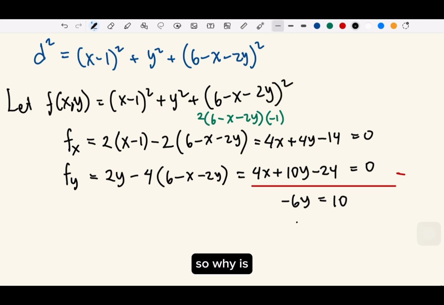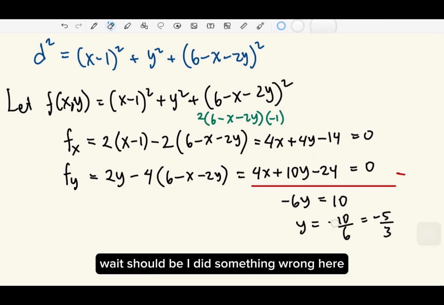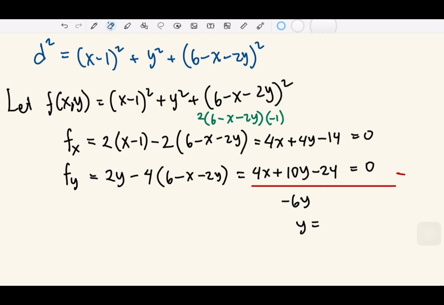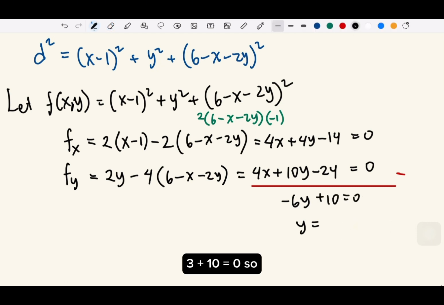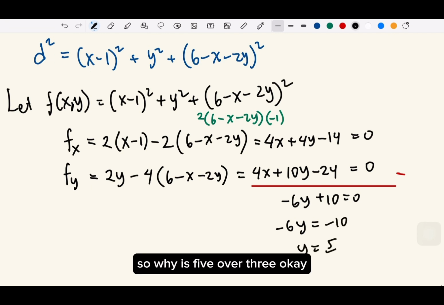So y is negative 10 over 6. Or what? 5 over 3. Oh, wait. I did something wrong here. Should be plus 10 equals 0. So y is 5 over 3.